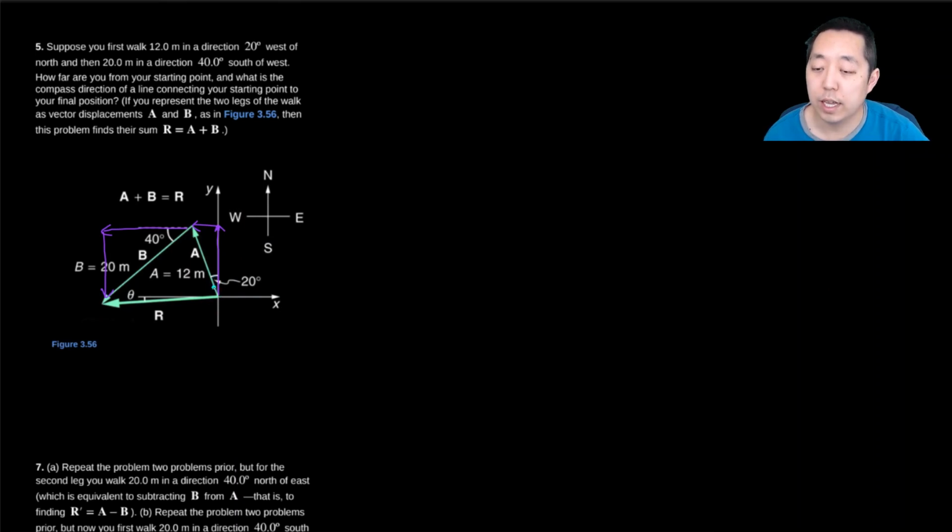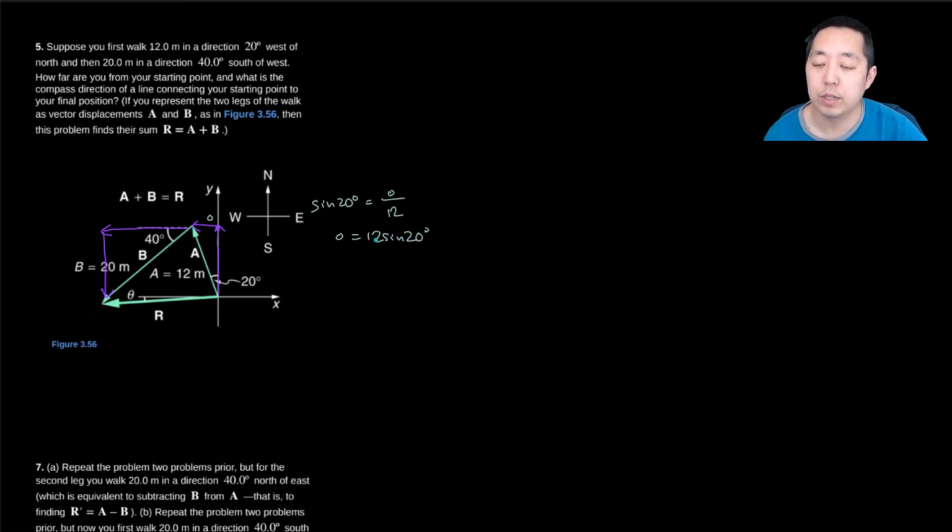I would know that, for example, the sine of 20 degrees would be this opposite side. We'll call this opposite, would be equal to opposite over 12, the hypotenuse. So this opposite side is 12 sine 20 degrees.